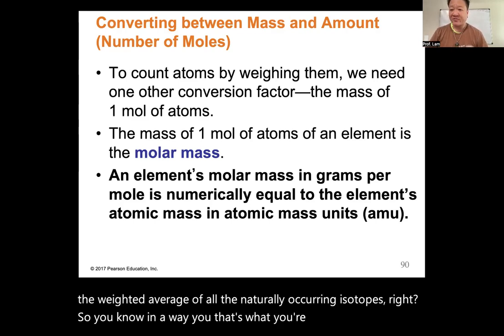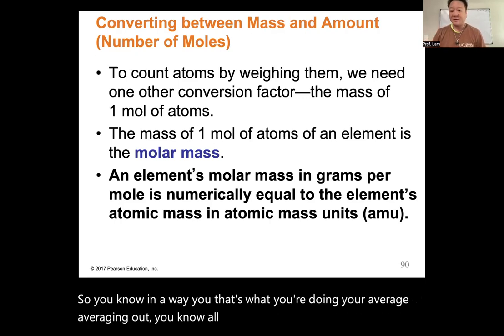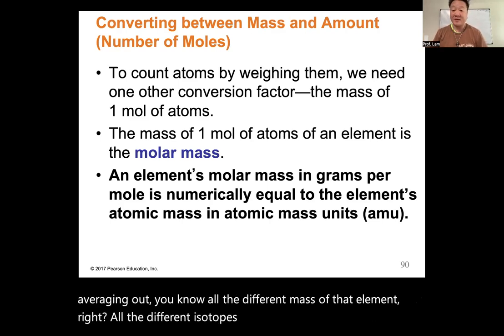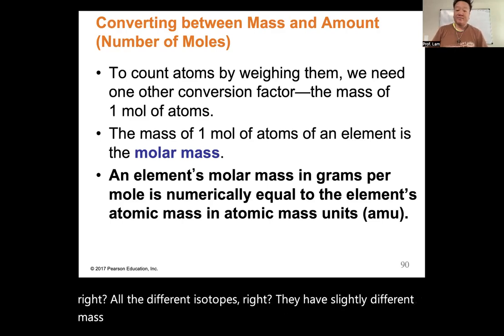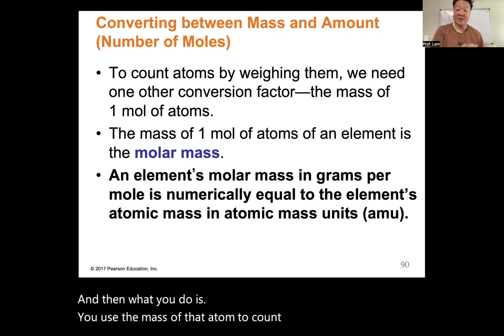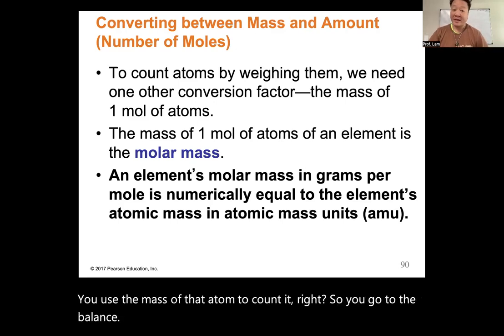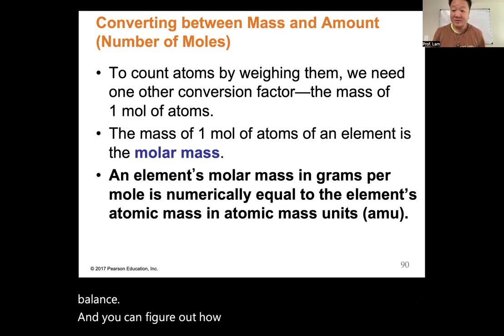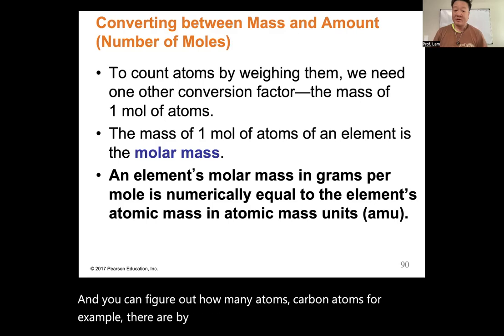You're averaging out all the different masses of that element, all the different isotopes, right? They have slightly different mass, okay? And then you use the mass of that atom to count it, right? So you go to the balance, and you can figure out how many atoms, carbon atoms, for example, there are by using the gram number, okay?